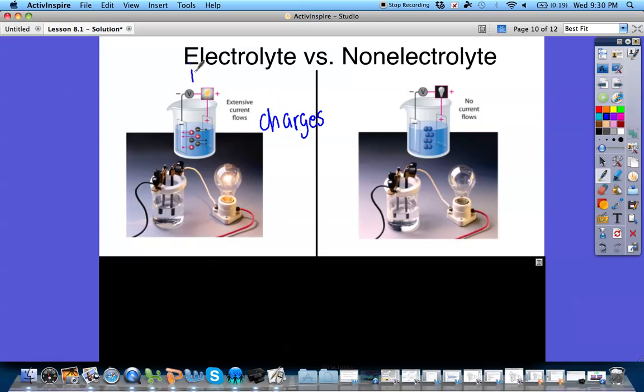Well, ionic compounds separate into ions that give us those charges. So our electrolytes are going to be ionic compounds. Non-electrolytes are going to be covalent compounds.